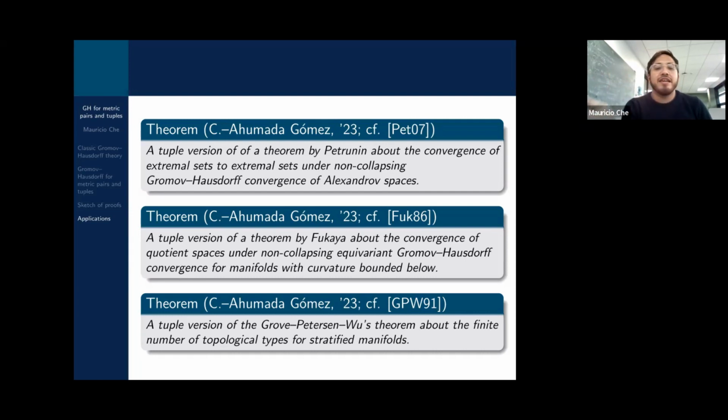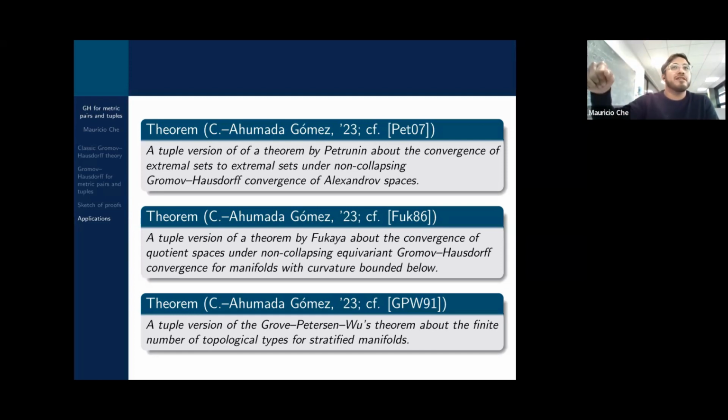And the thing is, in this setting, we know that we can take these equivariant approximations, which is something that one has in the definition of equivariant convergence. We can make them to be equivariant homeomorphisms.